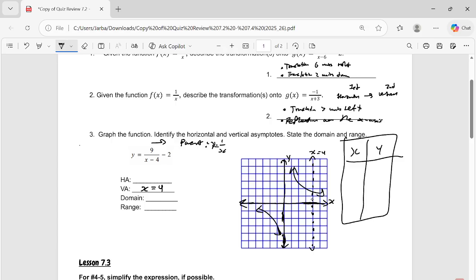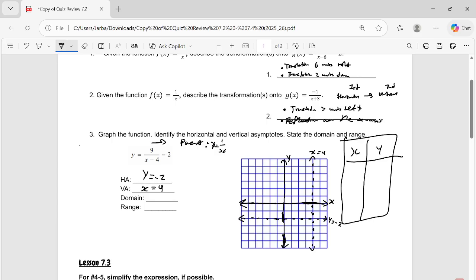Instead of approaching 0, it's going to approach negative 2, right? It's 2 down. So right here will be our horizontal asymptote. That is at y equals -2. Alright.